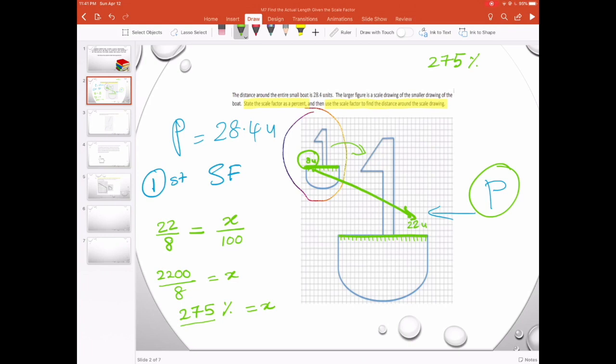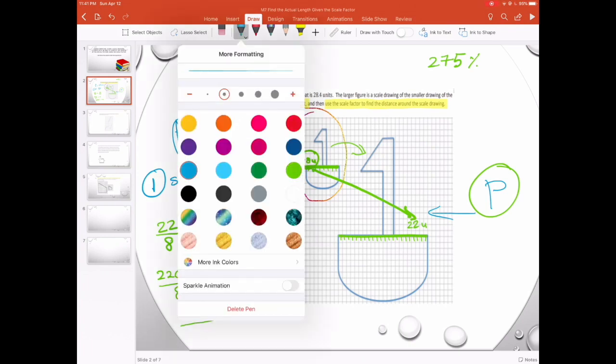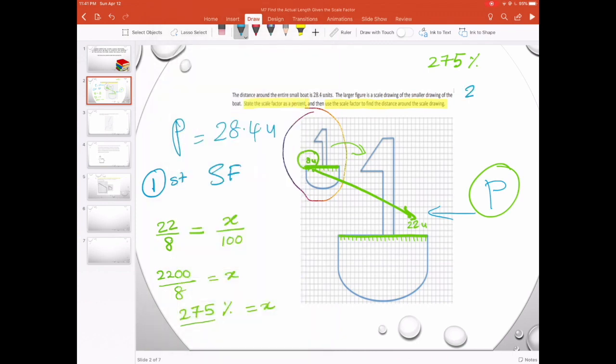Now I've got to do the same thing. So the second step would be to use the 275% as your scale factor and multiply it by 28 and 4/10.